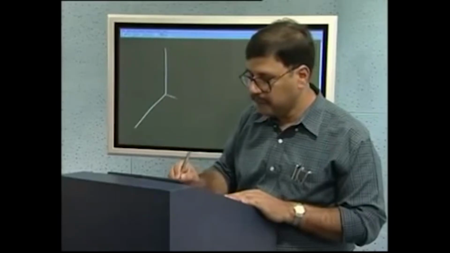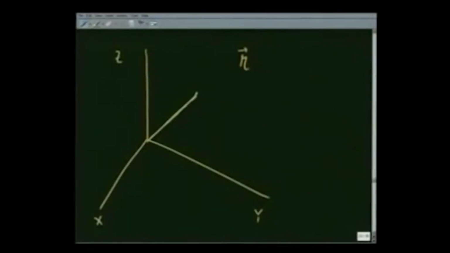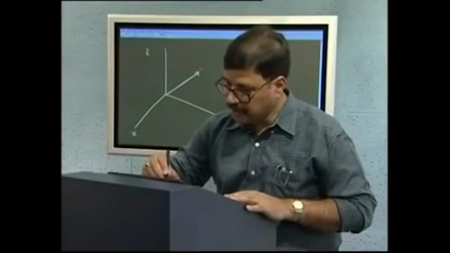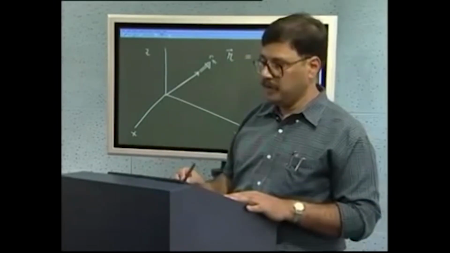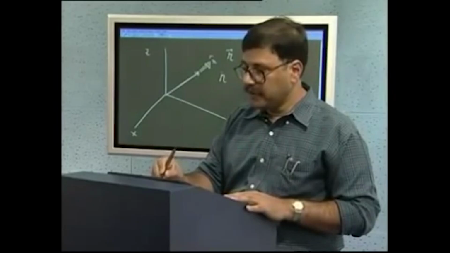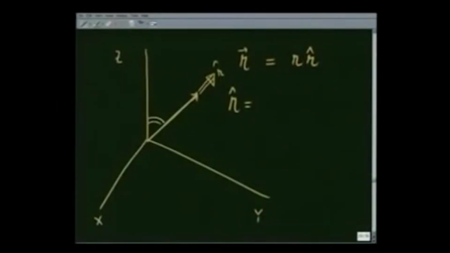Let us then see that I am representing a particle by vector r, this vector r, which is r unit vector r, where unit vector r is in this direction. The components of unit vector r are therefore going to be, it is very easy to see that the z component is going to be cosine theta.